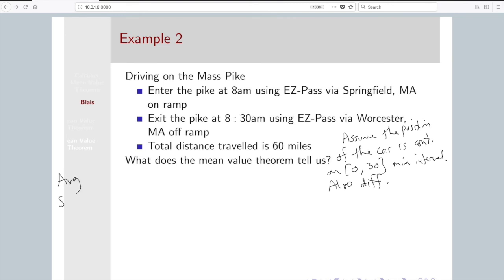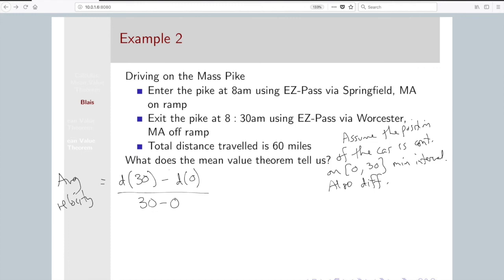The average speed, or the average velocity, is equal to the distance from Springfield at, say, 8:30 a.m. Or maybe if we do it in minutes, the distance after 30 minutes minus the distance at time 0 over 30 minutes minus 0 minutes.